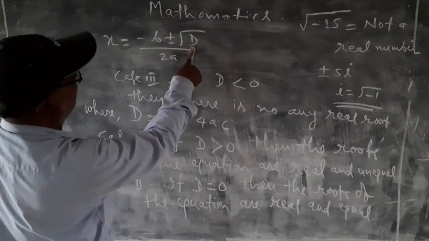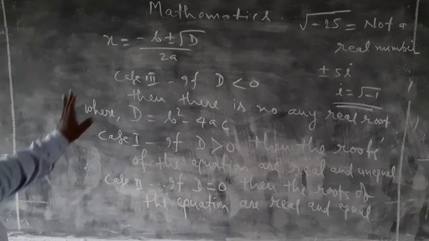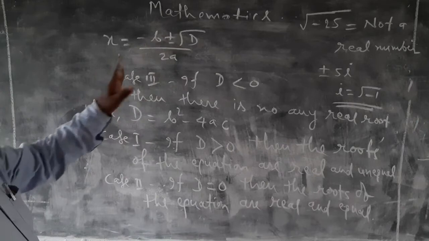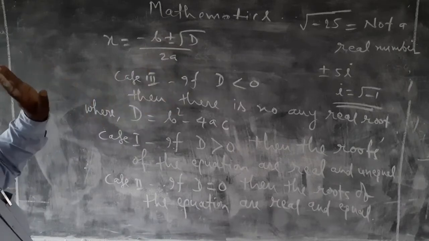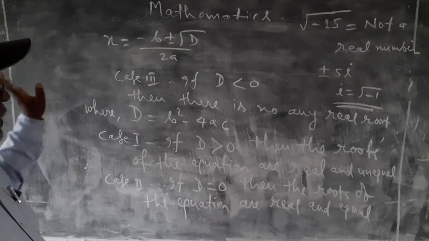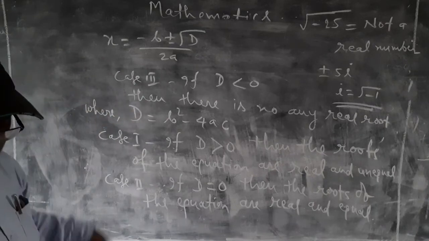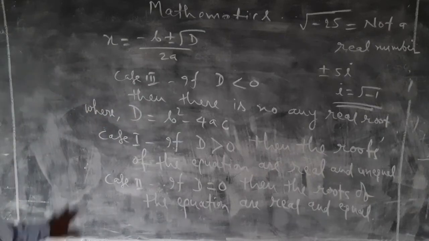If d is negative, then you cannot obtain the value of the square root of the negative number in real numbers. Therefore, you have no real root. Therefore, you have to write there is no real root. These are the natures of the roots.